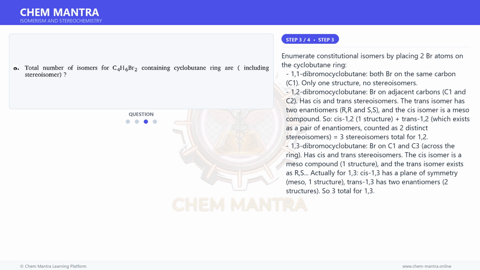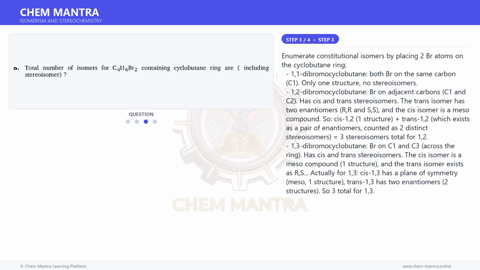The trans isomer has 2 enantiomers, R and S, and the cis isomer is a meso compound. So, cis 1,2 is 1 structure, plus trans 1,2, which exists as a pair of enantiomers counted as 2 distinct stereoisomers, is equal to 3 stereoisomers total for 1,2.